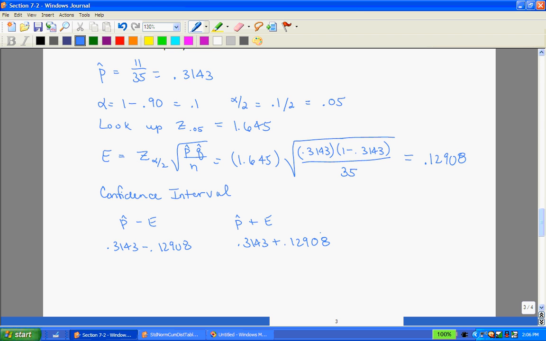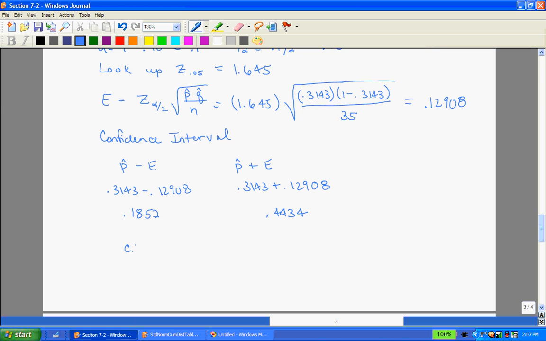Again, letting my calculator handle the long decimals. And I get 0.1852 here and 0.4434 here. So the confidence interval, or I should say specifically, a 90% confidence interval is 0.19 if we round to 2 decimal places, and 0.44.